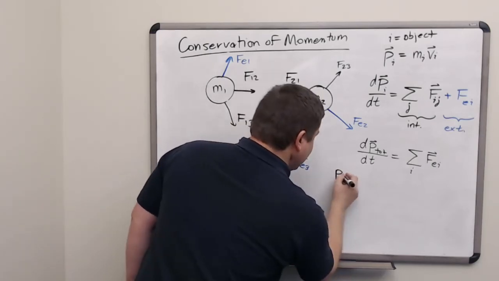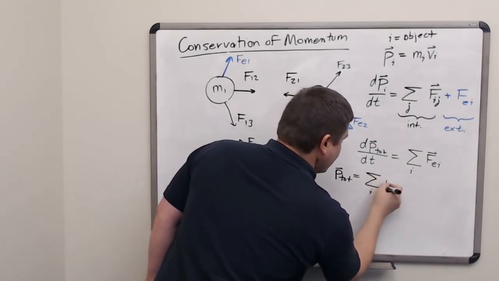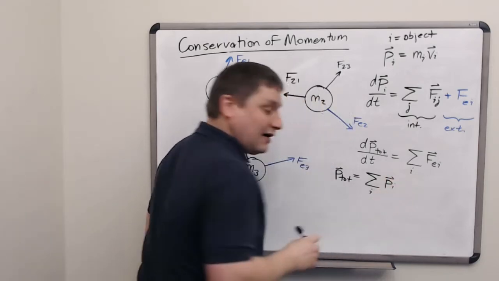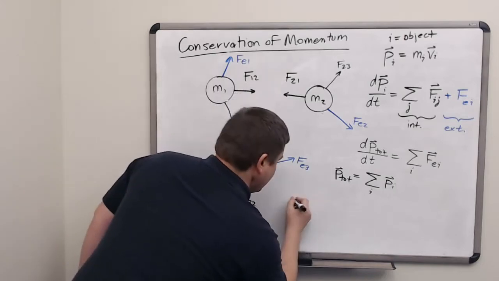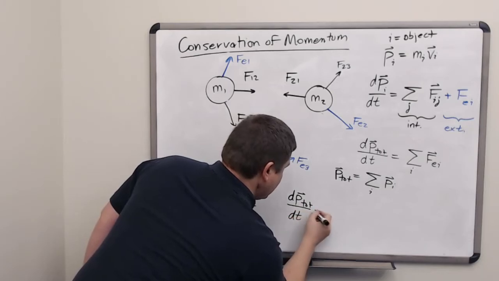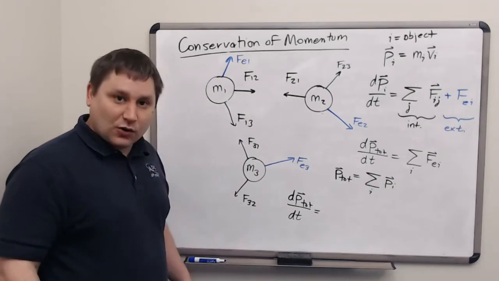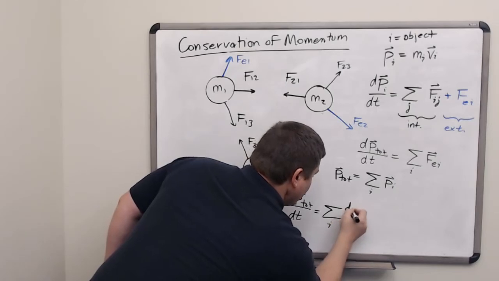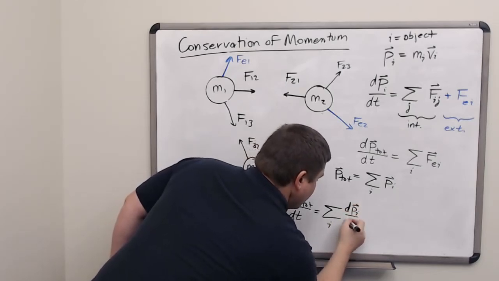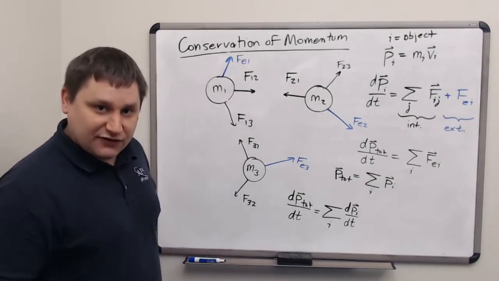First thing to realize is that the total momentum is defined, as it always is, the sum of the vector momenta of each object in the system. So if we take the time derivative of our definition to find out if the total momentum is changing or not, we can just add up the derivatives of each of the individual momenta.